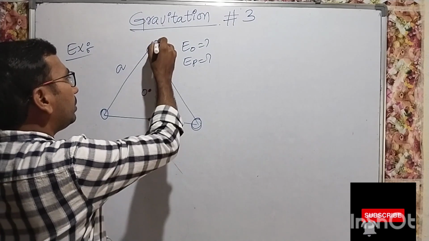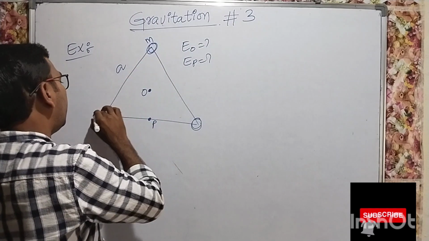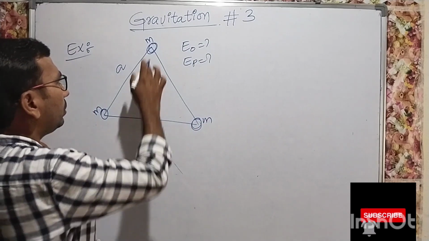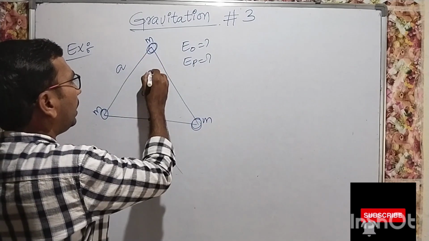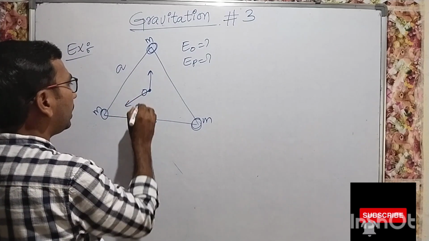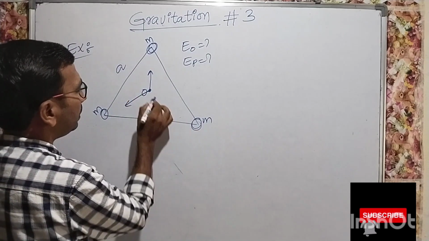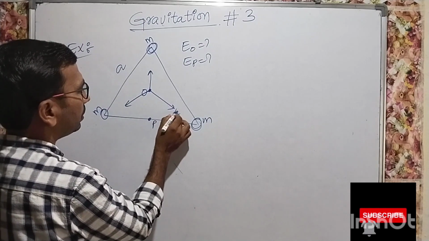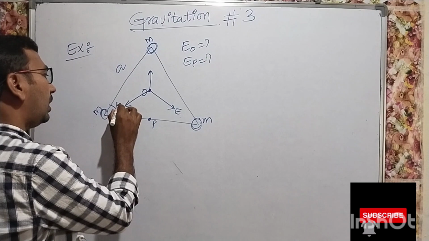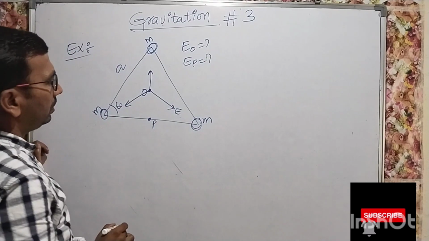So all are identical masses, means all are m. Due to this mass, gravitational field acts in this direction, and due to the other masses also in these directions. In an equilateral triangle all angles are 60 only.